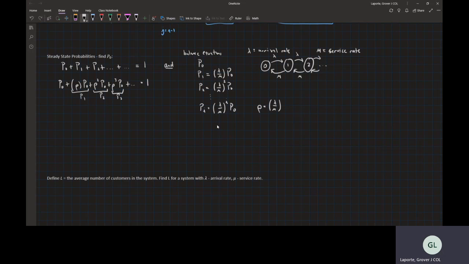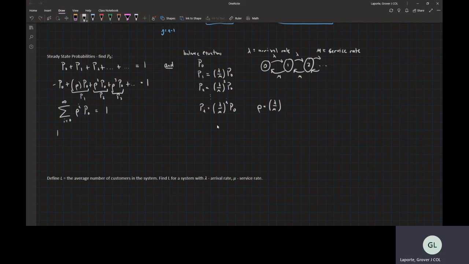Okay, so now what I want to do is take this and turn it into a summation sign. If I write this with i equal to 0 to infinity, we would have rho to the ith power times P0. And since P0 doesn't have an i term in it, I can bring it outside the summation sign. But we still know that is equal to 1.